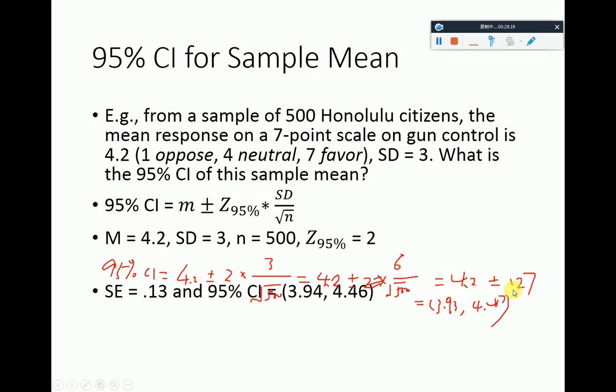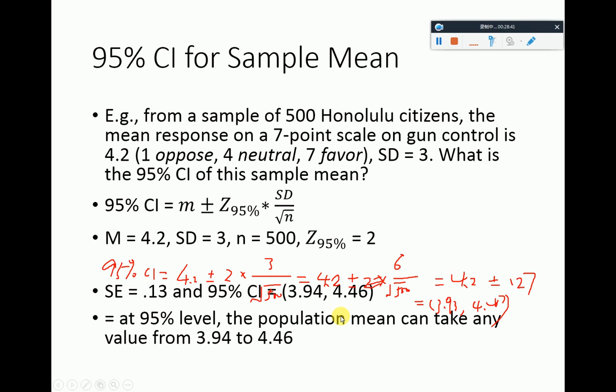Well, because of rounding errors, I have here 0.27, that's close enough. And indeed, my answer here is very close to what I got on the slides. So yeah, the 95% confidence interval for this point estimate of sample mean is 3.94 to 4.46.